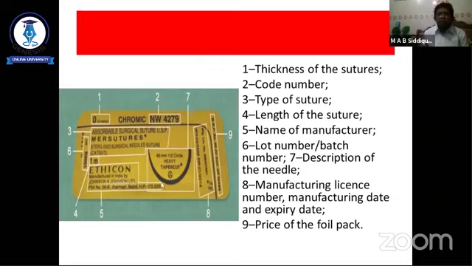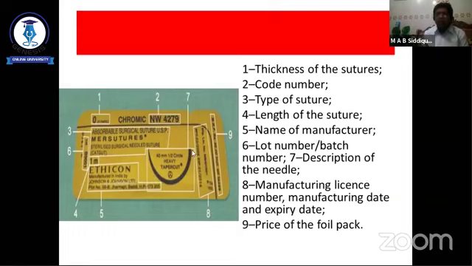And this is the needle, whether it is cutting or round body. This is the indicator, the Mercedes Benz indicator. This is the true cut or taper cut needle. But when it is round, this is the round needle, and this is the needle size.